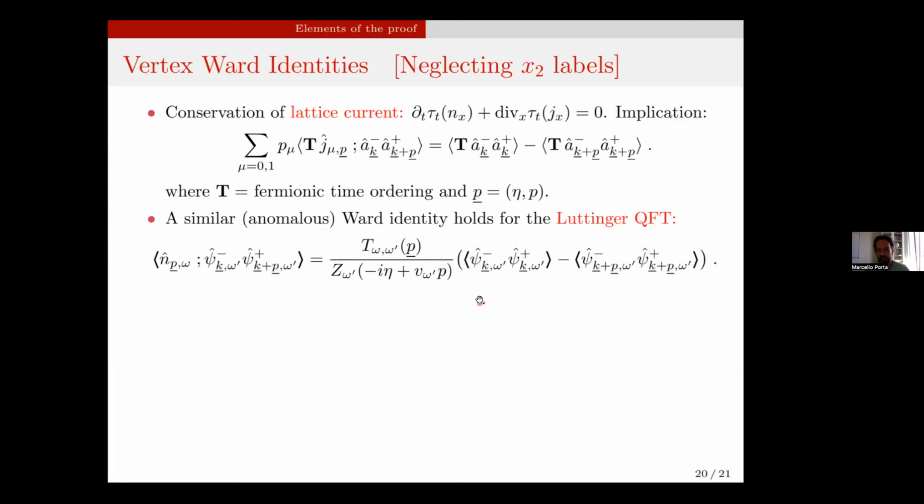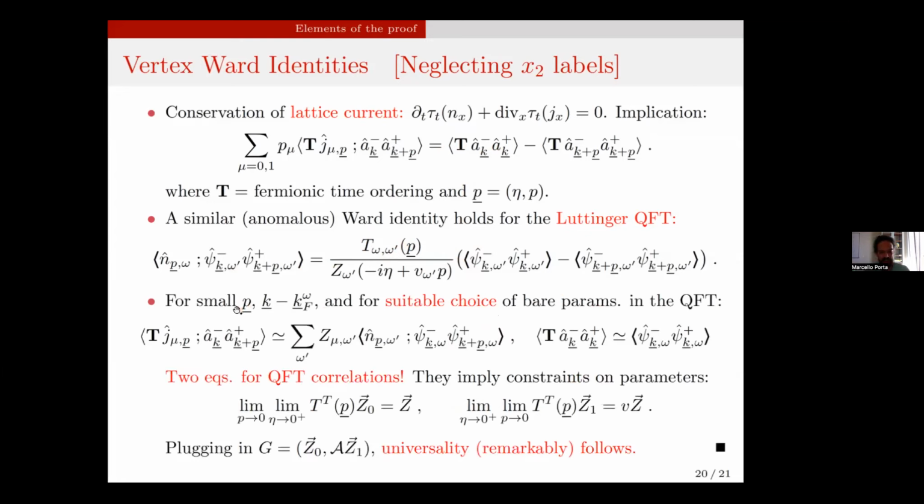So these are two identities that don't talk to each other, and to let them talk, you remember that the Luttinger liquid gives you a description of the scaling limit of the model. In momentum space, that means that the singularity at small momentum of this correlation function is described by the Luttinger liquid.